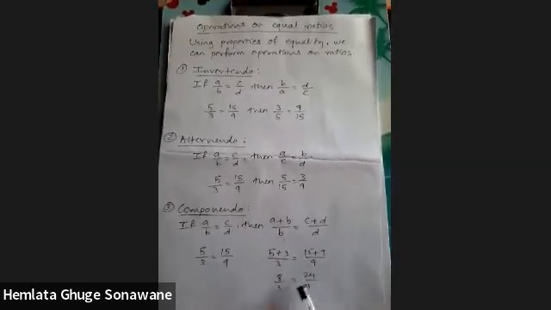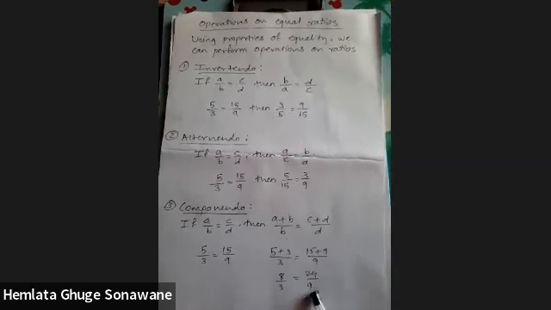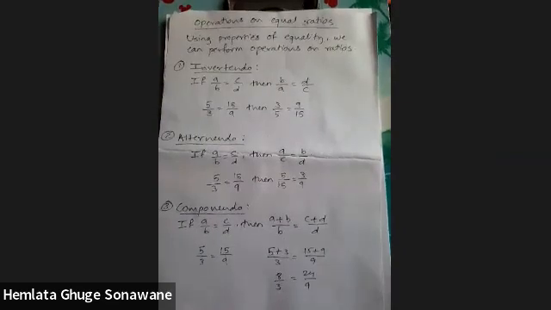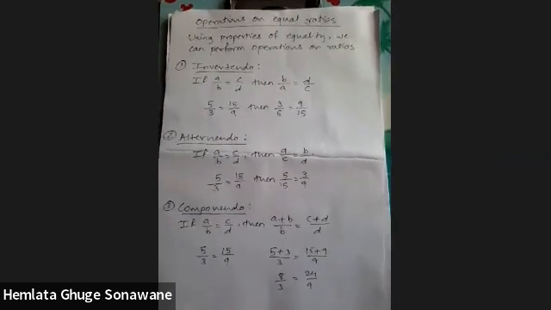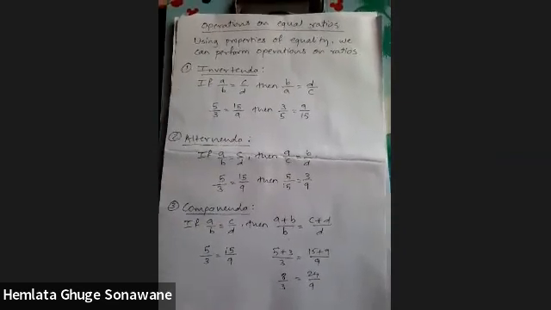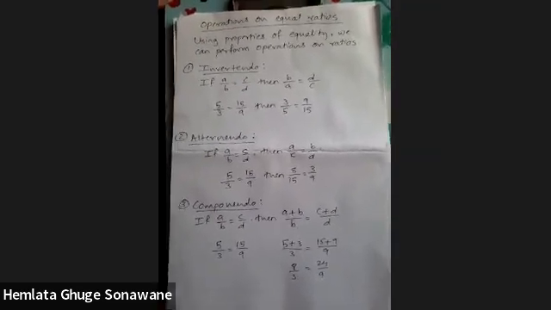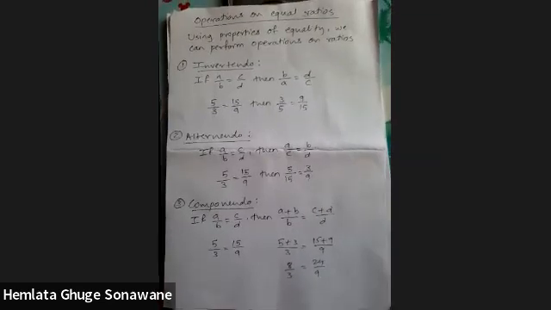If we simplify this, we'll get 8 upon 3. Just go through these three properties: invertendo, alternando, and componendo.